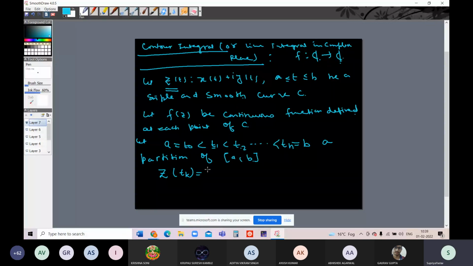We simply denote it by zk. So zk is the value of the curve at the point tk, where k runs over 0, 1, 2, 3 up to n. So we simply denote it by zk, z(tk).